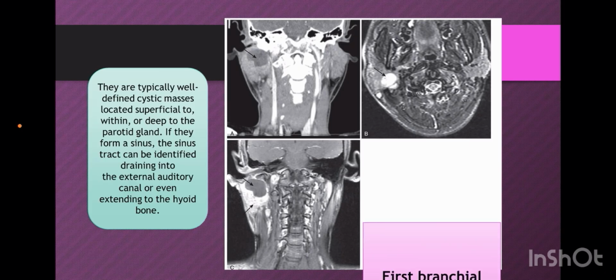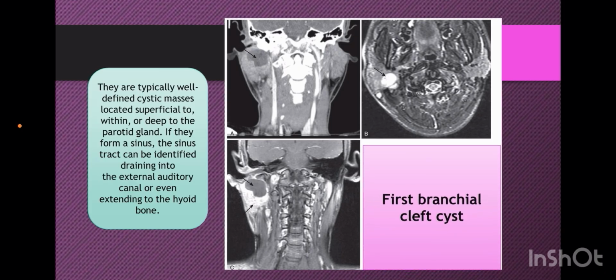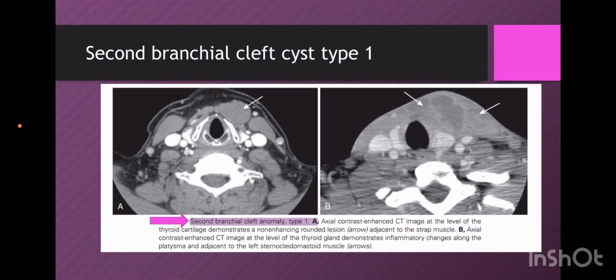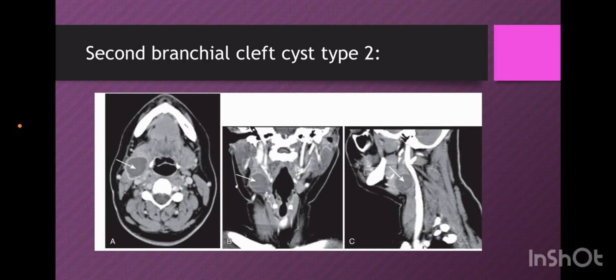Let's see the other types. The first branchial cleft cyst is usually around or near the parotid space and external auditory canal. Second branchial cleft cyst type 1, as we can see in this case, is usually superficial, along the deep and adjacent to the platysma and sternocleidomastoid muscle.